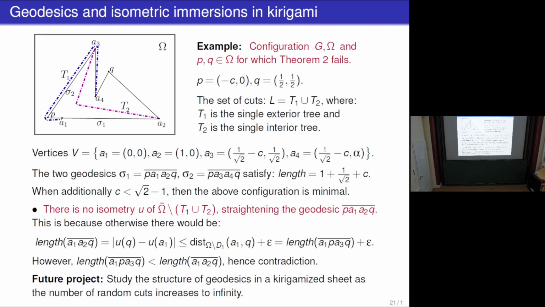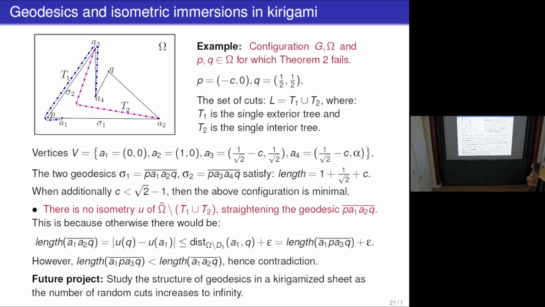And the part of P and Q are not on the boundary. Basically, you have this tree-like structure of cuts going around this domain. So that's the result. That's a sketch of proof.